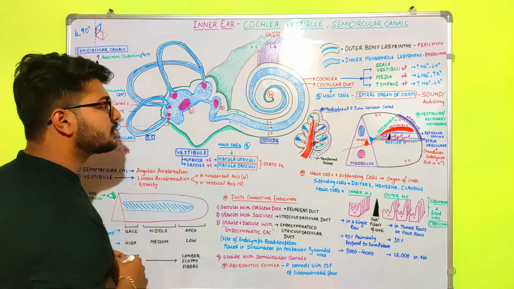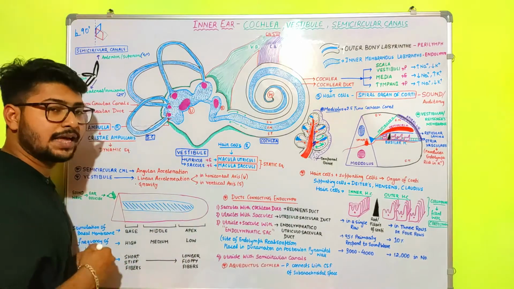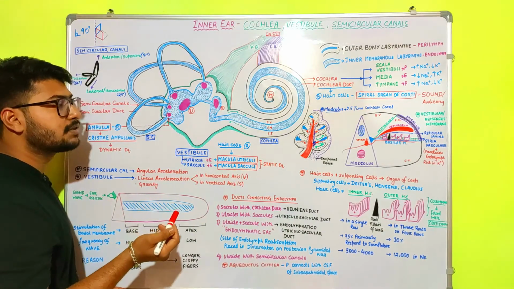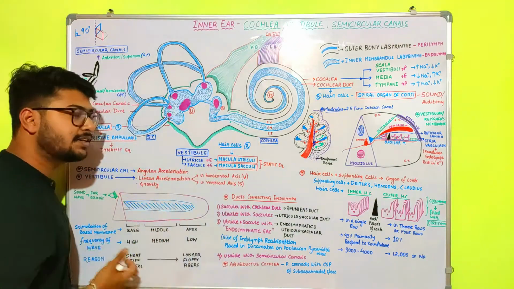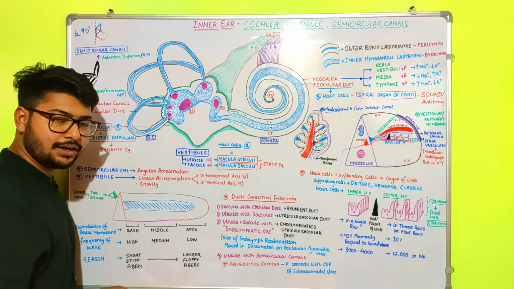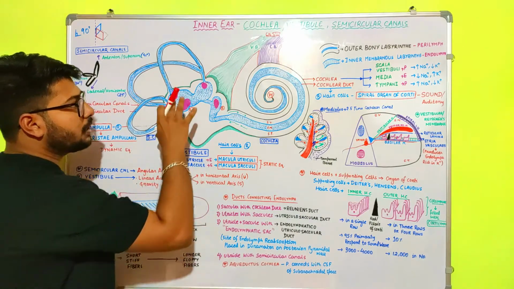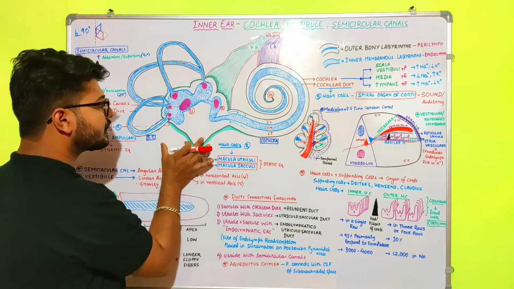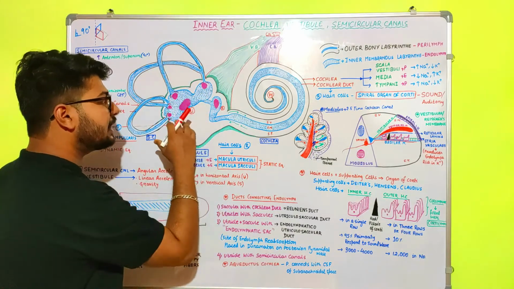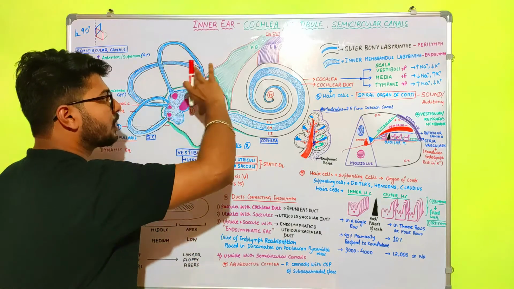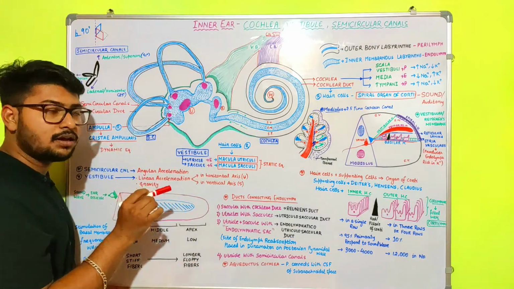And behind the vestibule and cochlea we have respective nerve fibers, or nerve branches, that unite to form the 8th cranial nerve. And what is that 8th cranial nerve? That is the vestibulocochlear nerve. The nerve branches coming from the vestibule and semicircular canals, present exactly behind these structures, form the vestibular branch of the 8th cranial nerve.